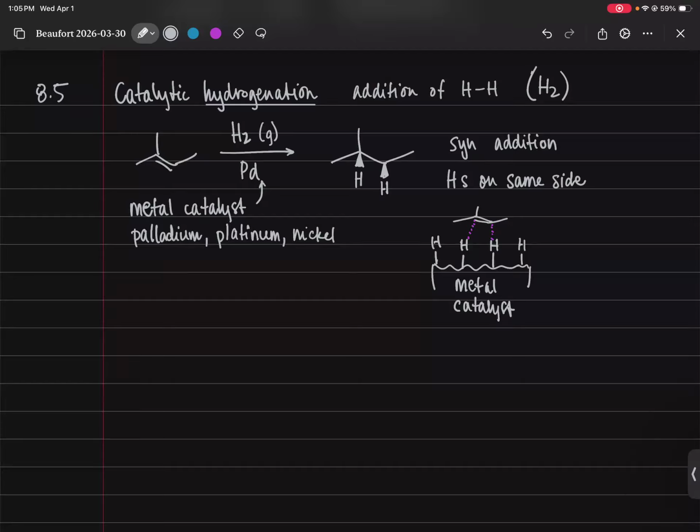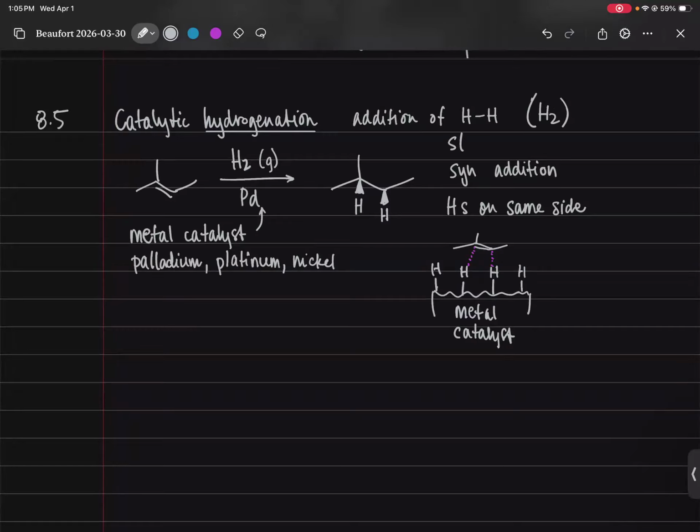Most of the other reactions we're going to talk about today have some sort of stereoselectivity like this. And generally speaking, if you've got two things on the same side of the molecule, that means that they were held in position by the same thing when they were put onto the molecule.